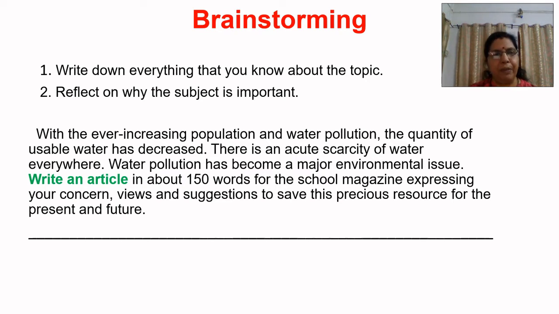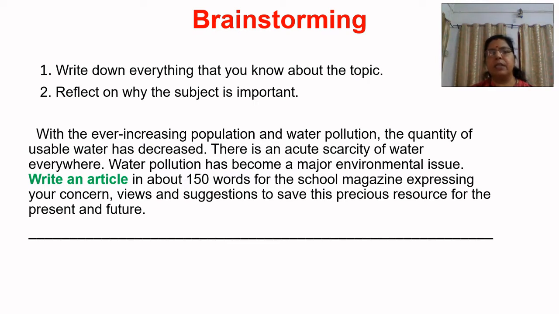Now moving ahead, we have got the topic, and what is the first thing we have to do? Let us read the verbal input once again. Let us see what is expected from us. I read it. With the ever-increasing population and water pollution, the quantity of usable water has decreased.